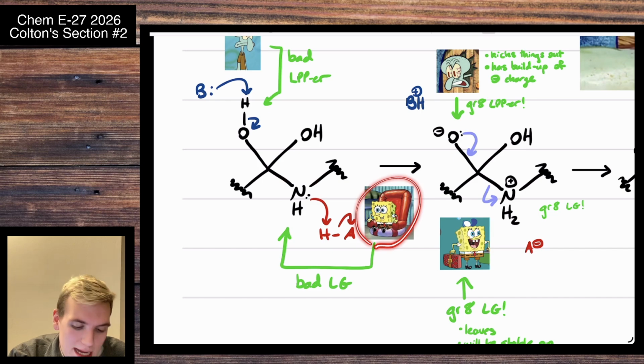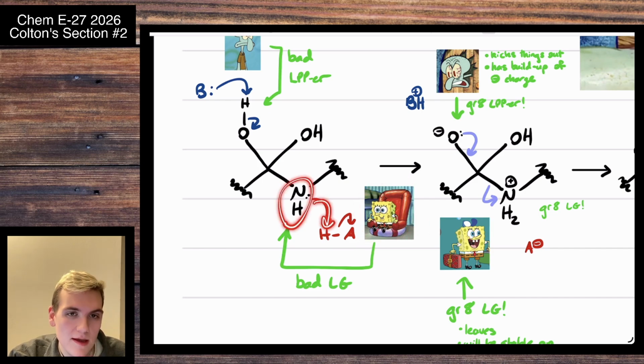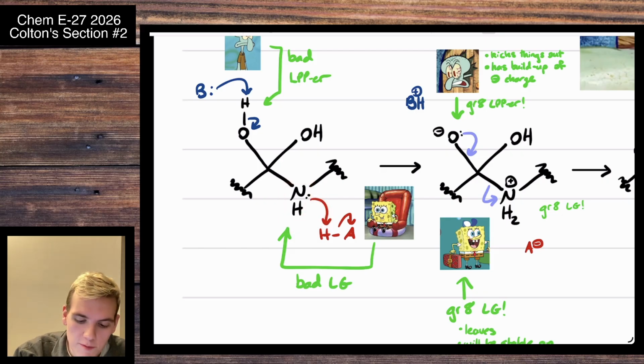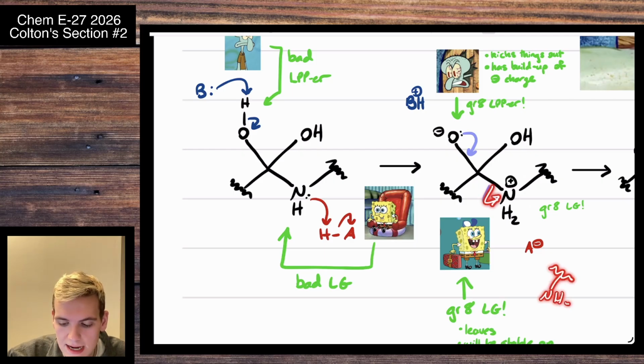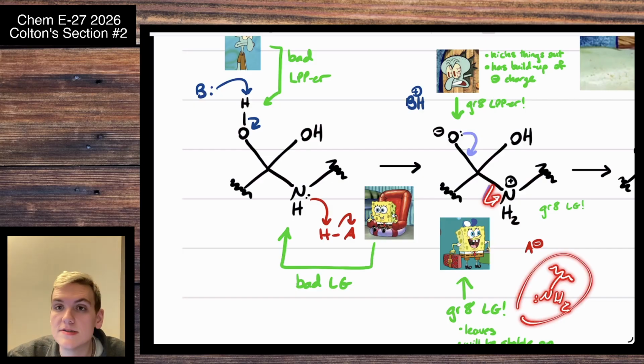But if we can protonate this, it's kind of like packing its bags for it. So if we protonate this and make it NH2 plus attached, then when it leaves, it becomes this neutral NH2, which is stable on its own. Great, we love to see it.